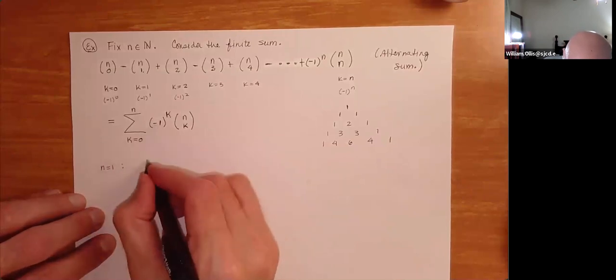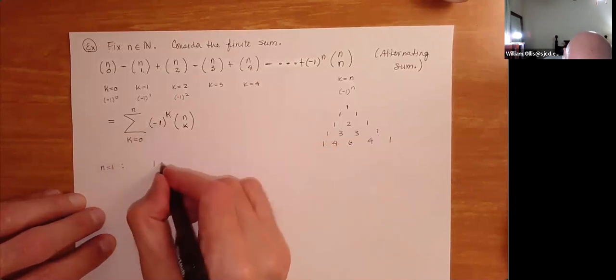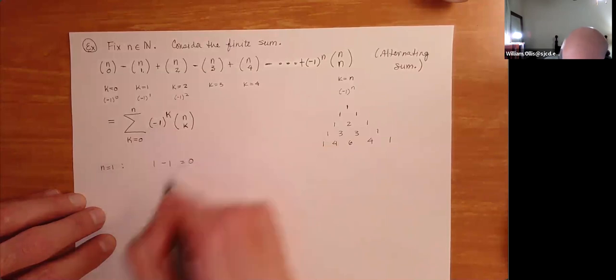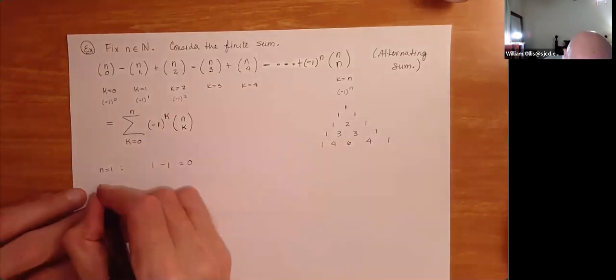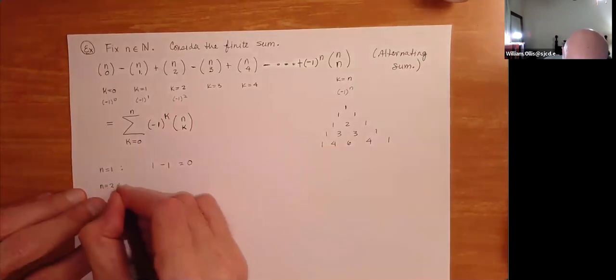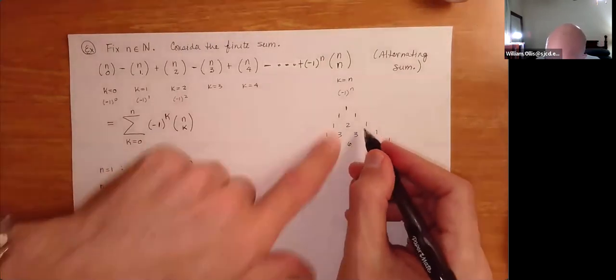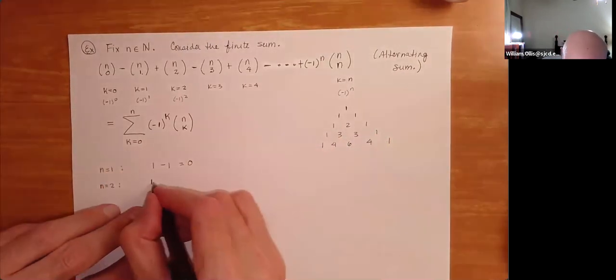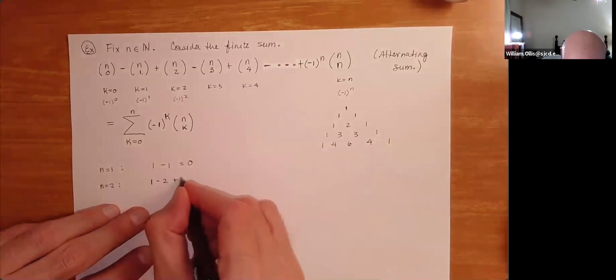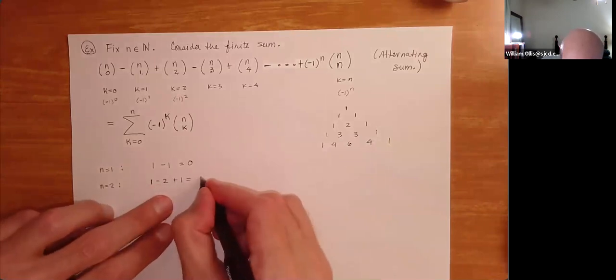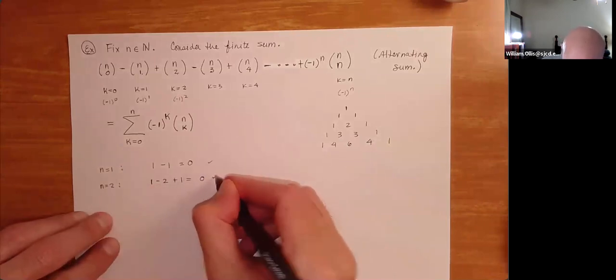We've got 1 minus 1, that equals 0, all right? Let's look at n equals 2. Remember, it's going to be alternating. This will be 1 minus 2 plus 1. Well, that's 2 minus 2, that's 0. Okay, so far, so good.